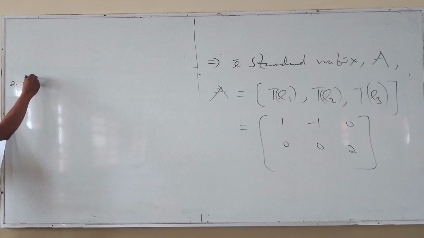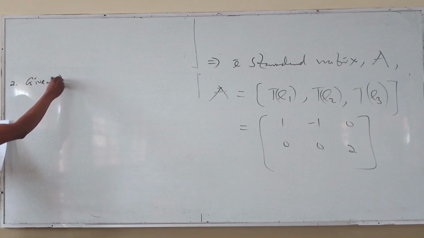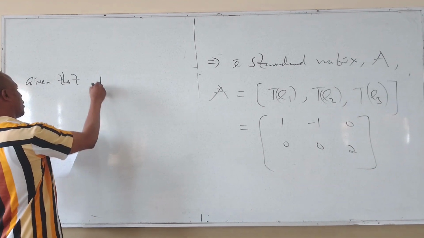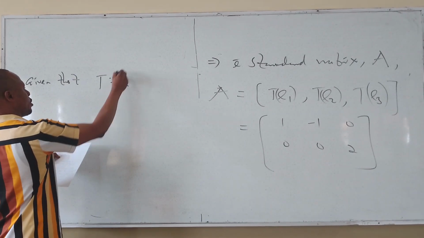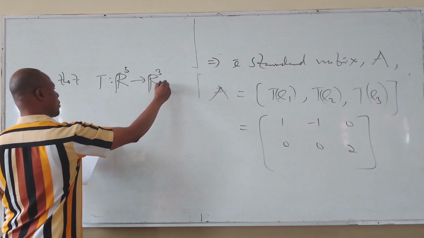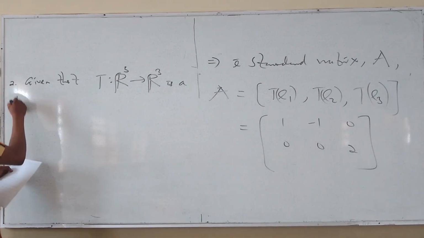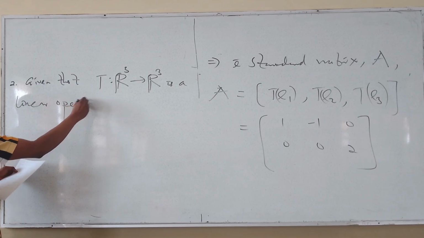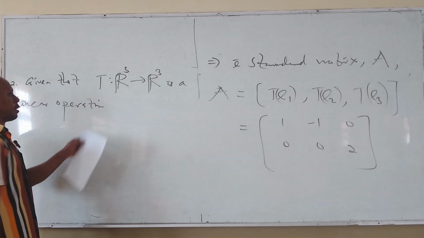Another example. It's given that T from R3 to R3 is a linear operator, so the domain is the same as the codomain.